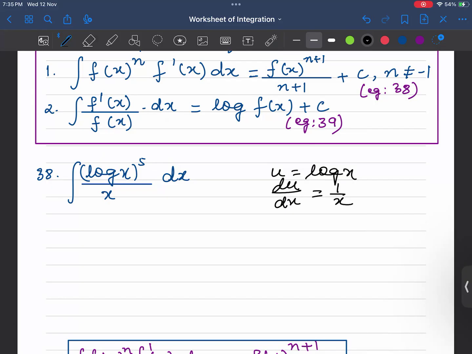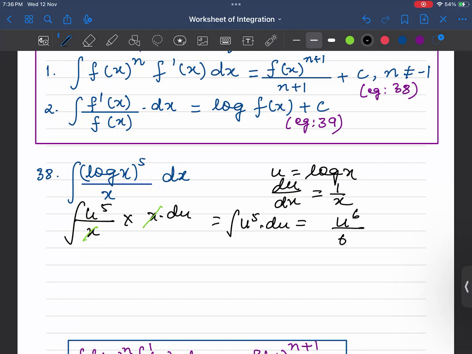I can write log x power 5 upon x, and for the dx, I can write x into du. It can be cut. Then we get u power 5 du, which means u power 6 upon 6 plus c. In place of u, you can write (log x) power 6 upon 6 plus c is your answer.